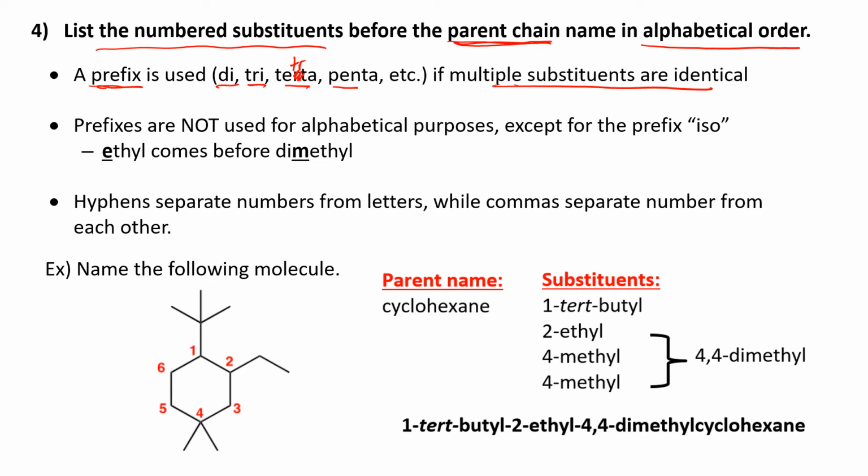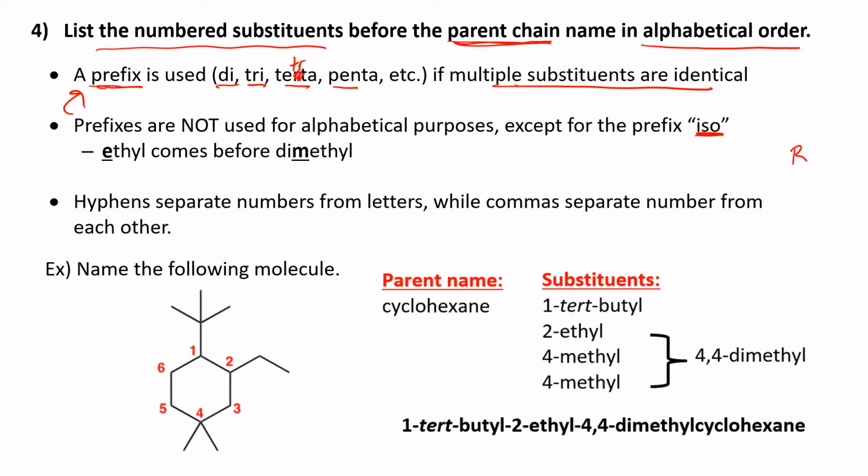For example, in the previous slide, we saw there were multiple methyl groups. If you had 2 methyls, it would be a dimethyl. If you had 3 methyls, it would be trimethyl. Don't use these prefixes alphabetically unless we're dealing with an iso.